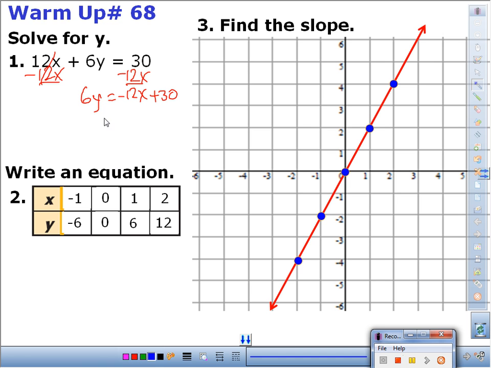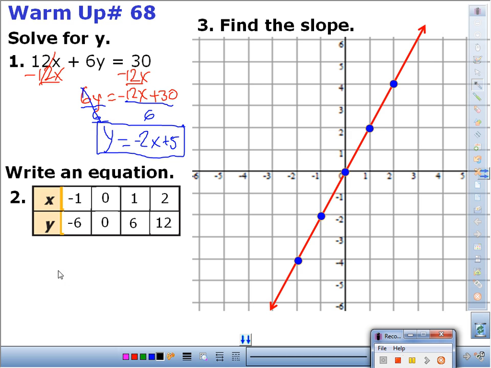Are we done? No, we have a 6 multiplying. So what is the inverse of multiplying 6? Divide by 6. 6 over 6 is 1. Y equals, what is negative 12x divided by 6? Negative 2x. 30 divided by 6, that's positive 5. Did we solve for y? Yes, we're done. Okay? Let's look at number 2.